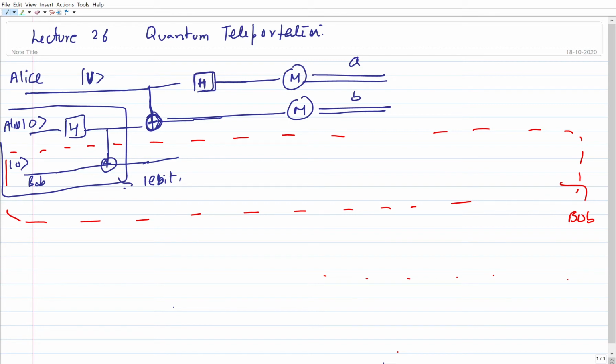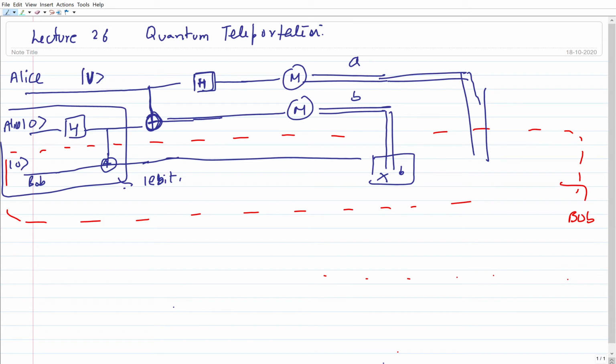Depending upon the outcomes of the measurement A and B, it sends these classical bits to Bob's end, and Bob, depending upon that, is going to apply the gates X and Z. If A and B are both 0, nothing happens.